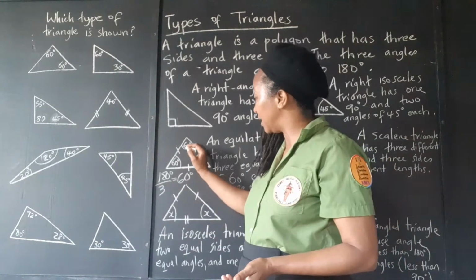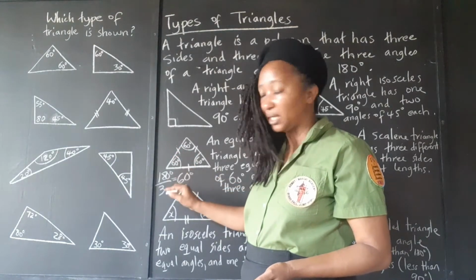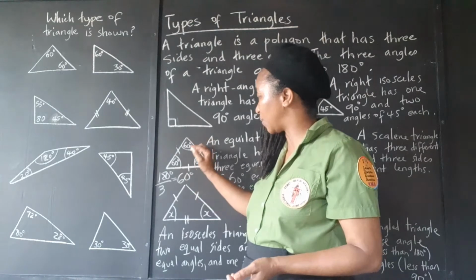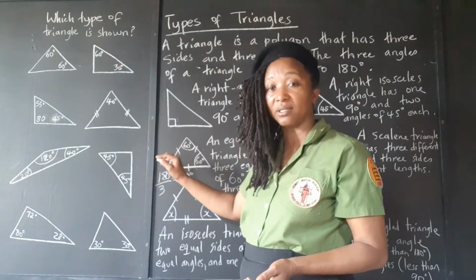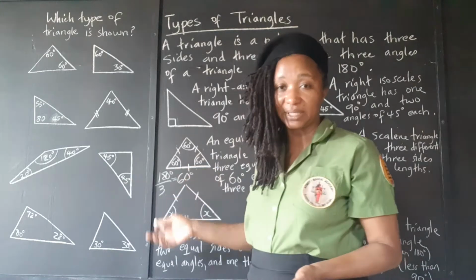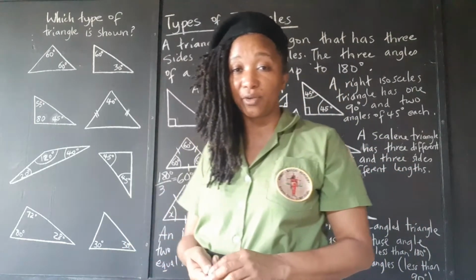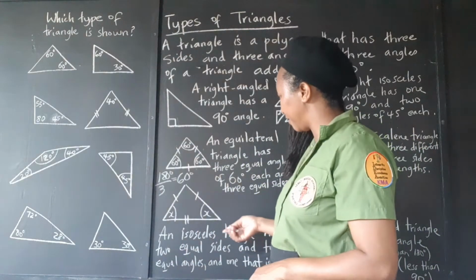So it's telling you this side is equal to that side is equal to this side. If this is 20 meters, this is 20 meters, that is 20 meters. If it's 5 kilometers, 5 kilometers, 5 kilometers. The sides are equal, and the angles are always 60 degrees in an equilateral triangle.